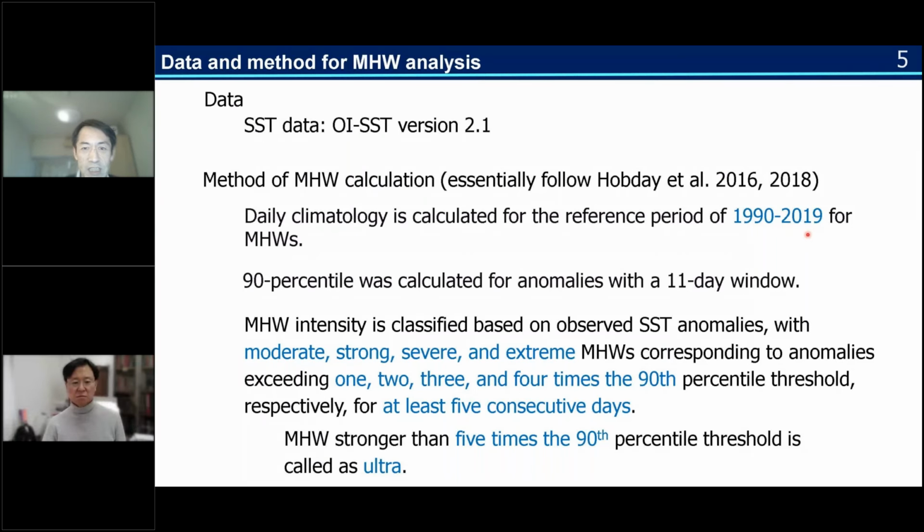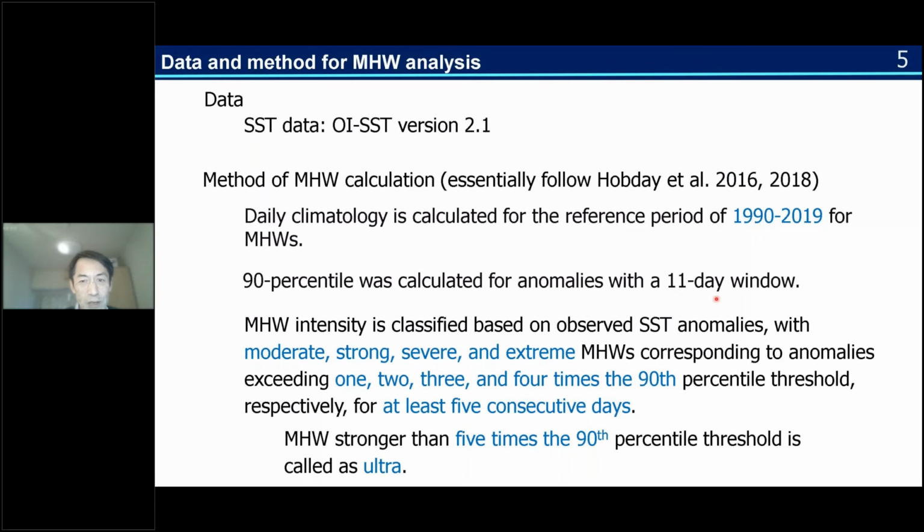The other settings are a pretty standard 11-day window, and moderate, strong, severe, and extreme marine heat waves are determined by exceeding 1, 2, 3, and 4 times the 90th percentile threshold. This condition must last at least 5 consecutive days. I found that exceeding a fifth threshold sometimes occurs, and I called it ultra in our paper.